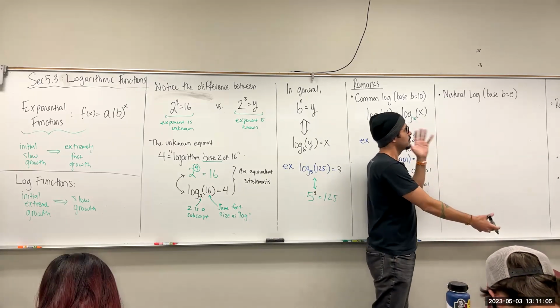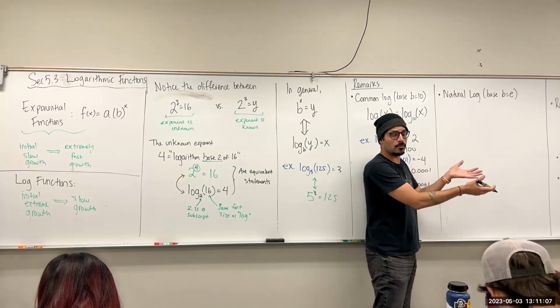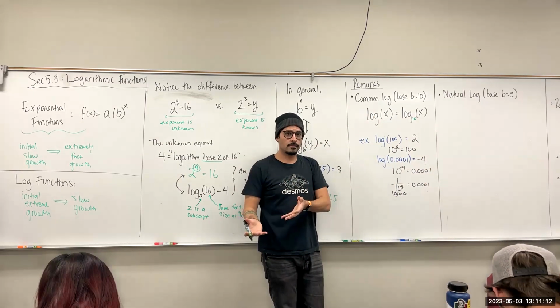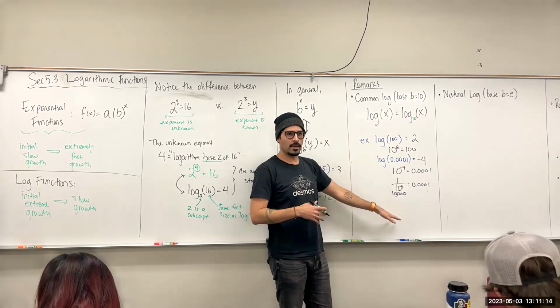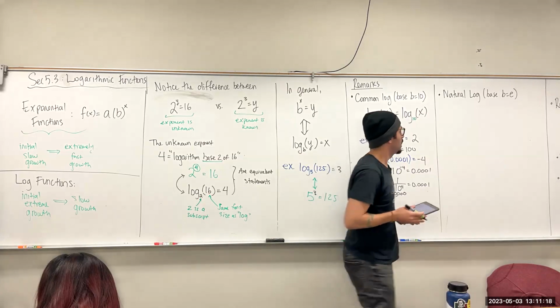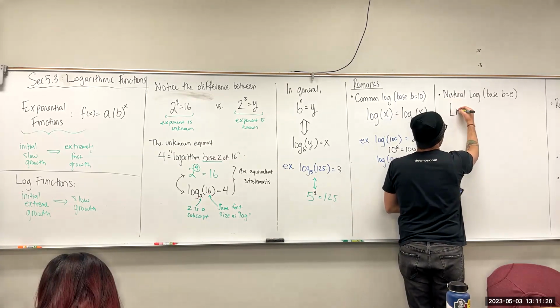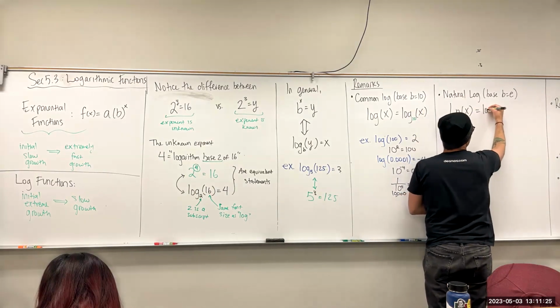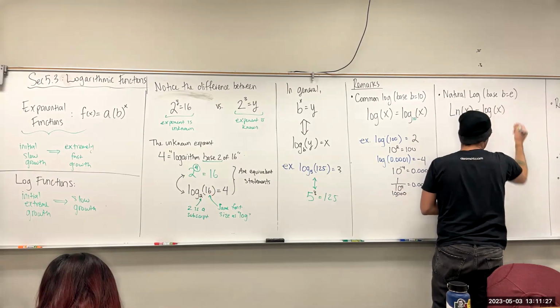To solve things with exponential functions, you're going to need to use logs with base e. Similar reasoning is why I think this notation is used a lot. So when you see ln of x, it really means log base e of x.